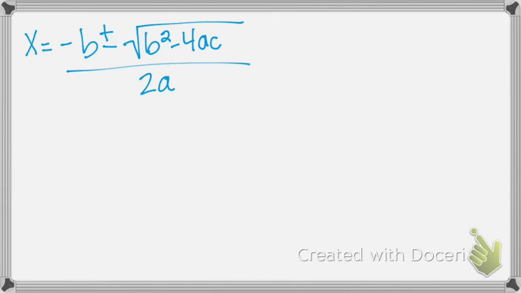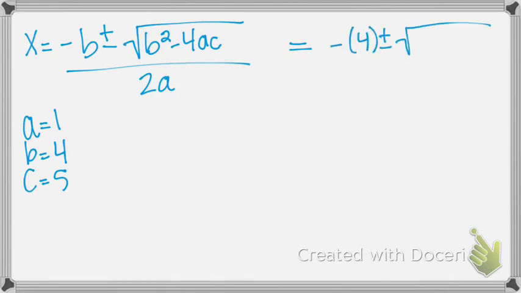Okay? So, remember, a equaled 1, b equaled 4, and c equaled 5. So all we're doing now is plugging in these terms. Remember, when you plug in, you always want to use parentheses.